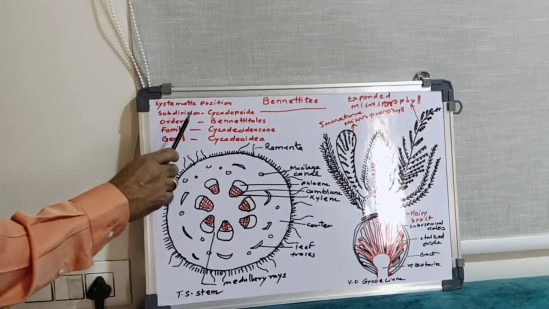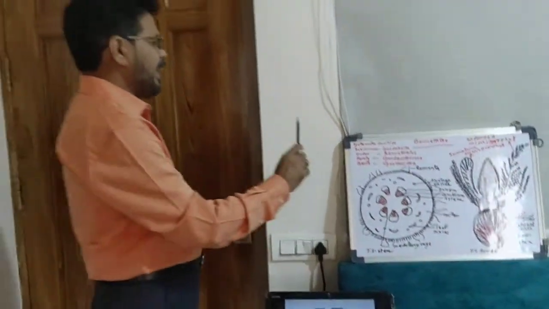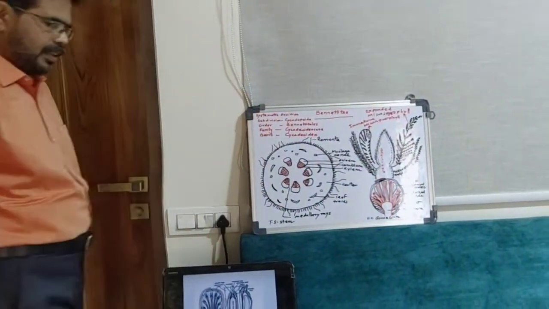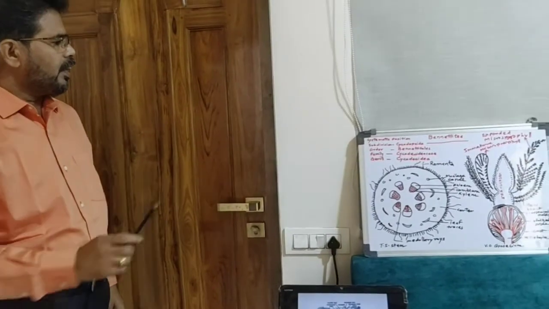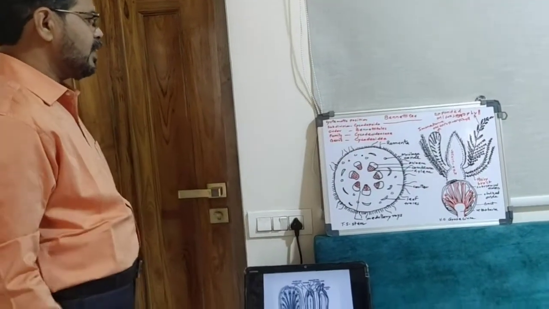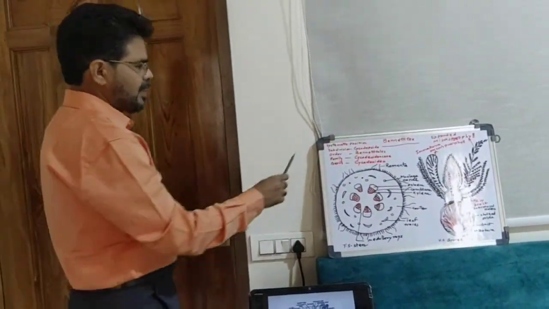Commonly, many European paleobotanists named this Cycadeoidea as Bennettitis. So two alternate names are given to this single genus. Either it may be known as Bennettitis or it may be known as Cycadeoidea.